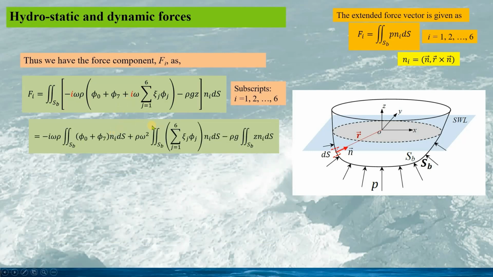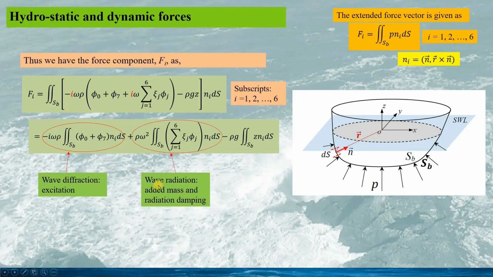Further separate the total forces. We can have the expression for the hydrodynamic and the hydrostatic forces as this. The first term in the expression is the wave excitation, and the second term is the radiation force, and the last term is the static force.